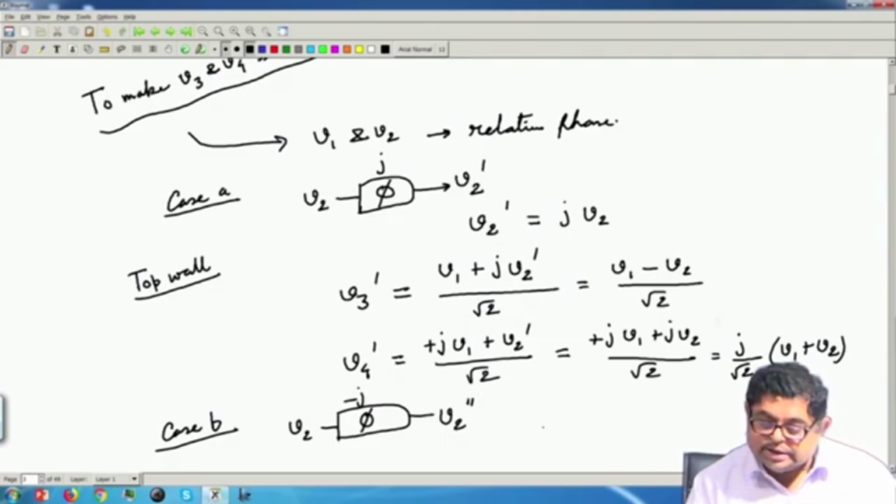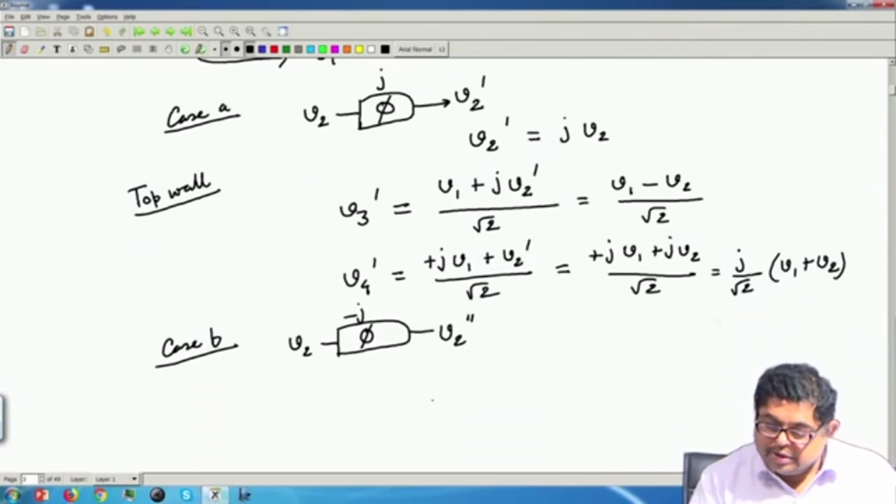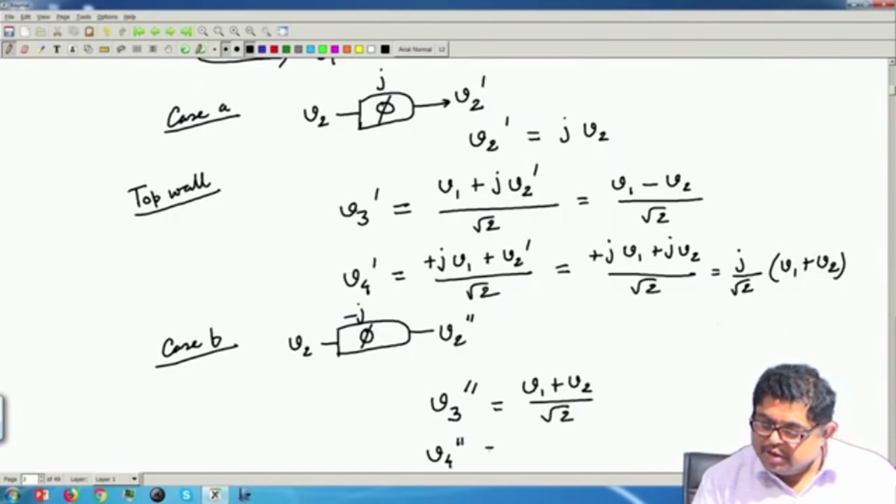So, in this case, if you do, you will see that V3 double dashed will be V1 plus V2 by root 2, and V4 double dashed will be J V1 minus V2 by root 2.